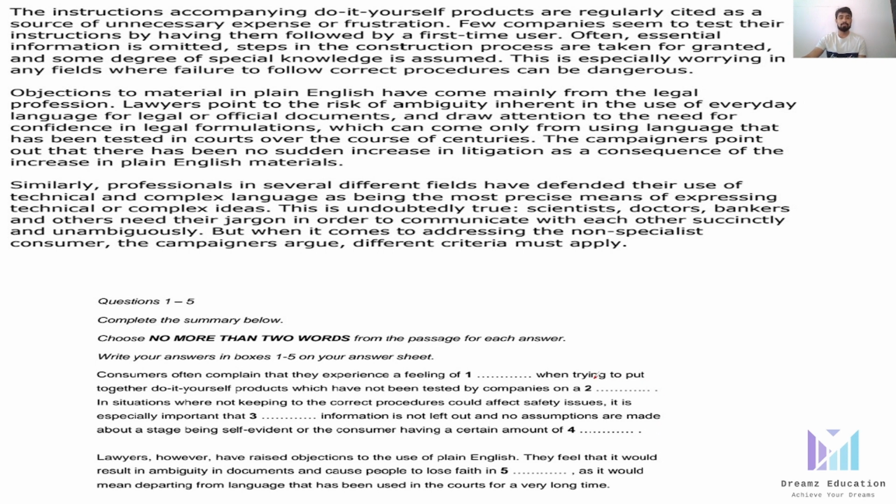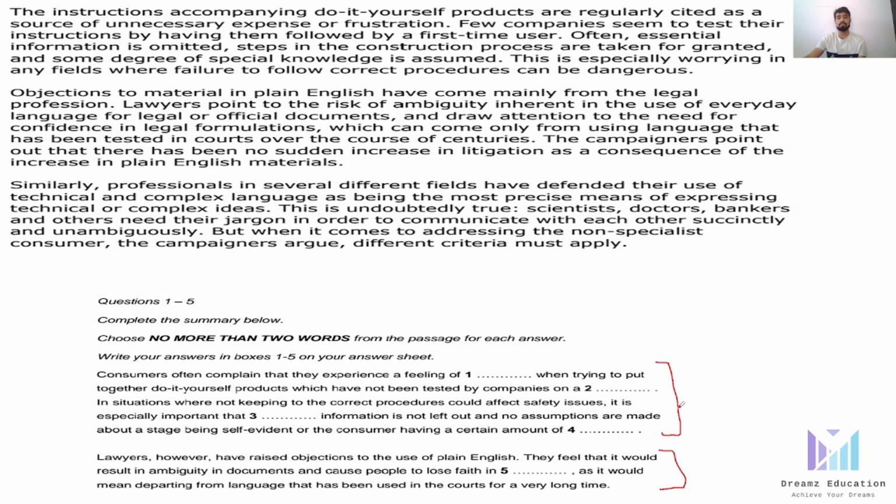Now you can see here, there are 5 questions. Questions 1, 2, 3, and 4 are phrased in one paragraph, and question number 5 is phrased in a separate paragraph. That means the answers for questions 1, 2, 3, and 4 you can find in a single paragraph itself. Like I said, the summary will be taken from one particular paragraph.